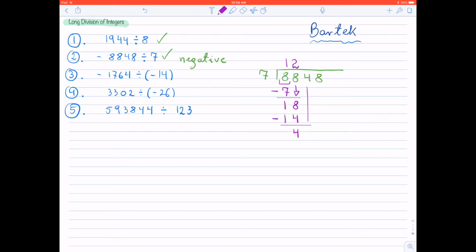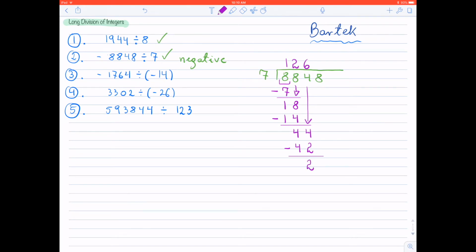We can now bring down the other 4 and ask again. 7 into 44, in this case, goes a maximum of 6 times. 6 times 7 is 42. So we will subtract and get a remainder of 2.